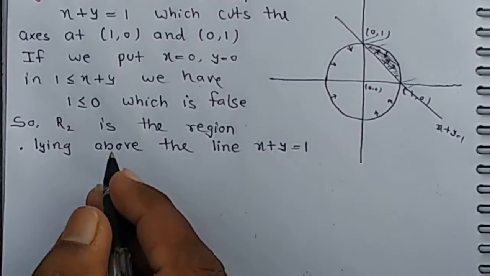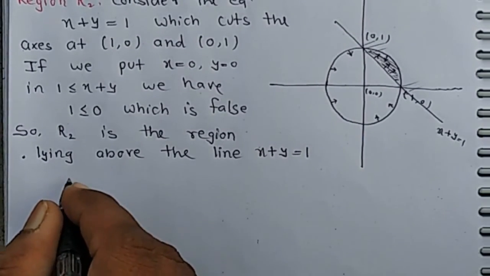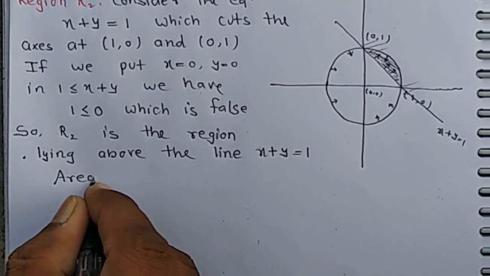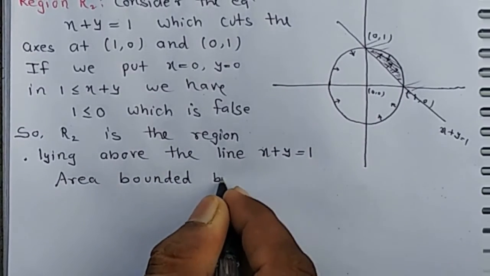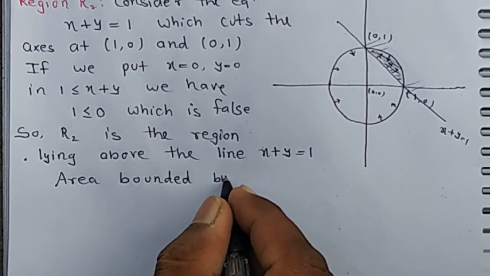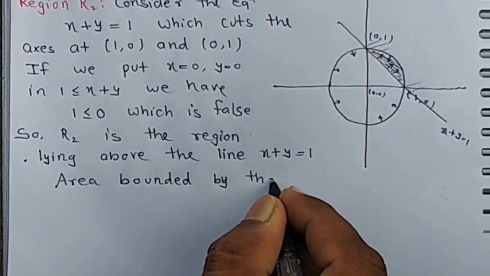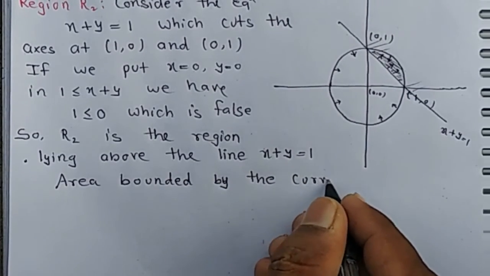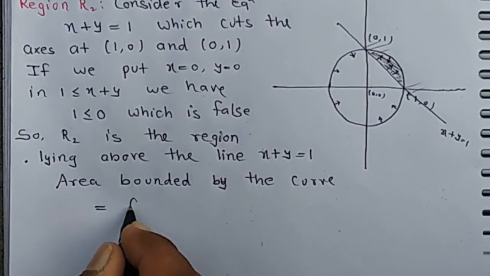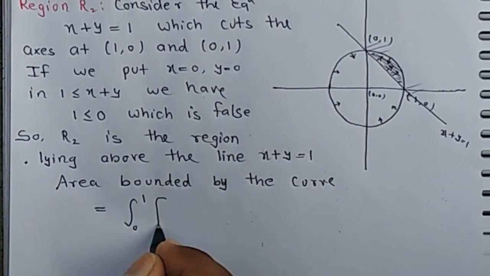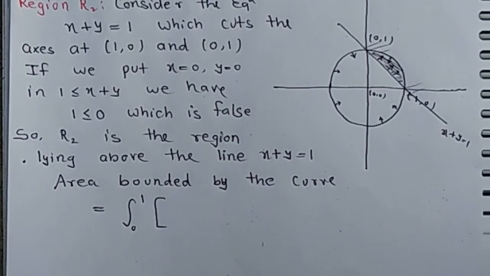Then the area bounded by the curves is from 0 to 1, upper curve minus lower curve.